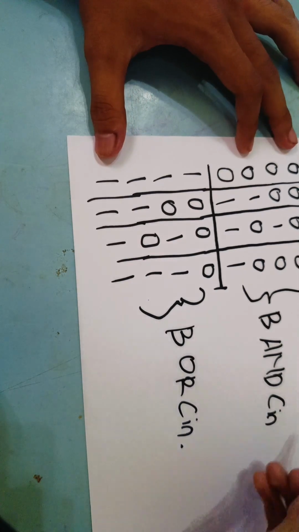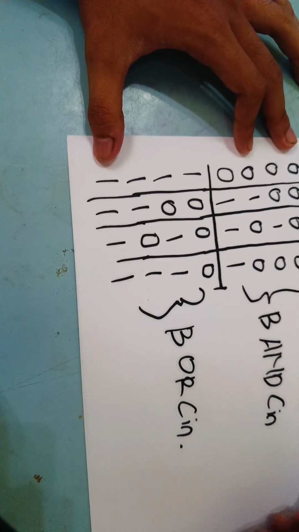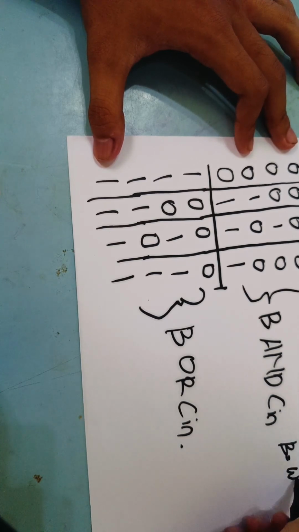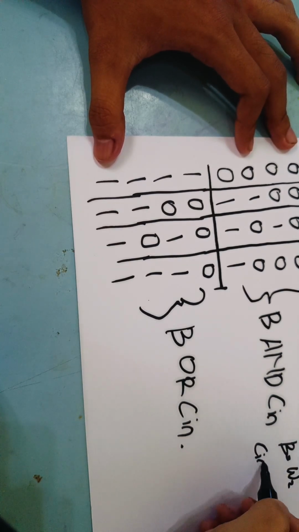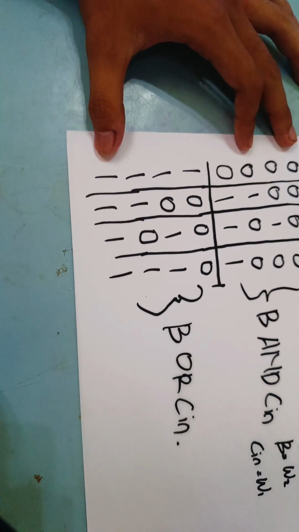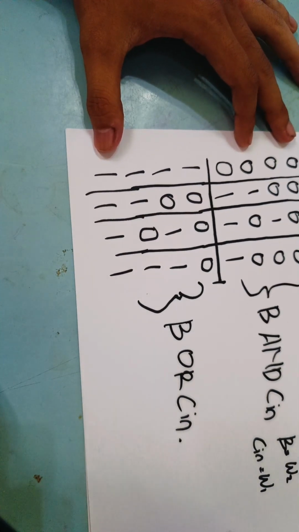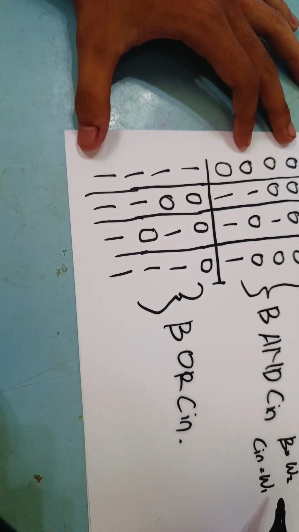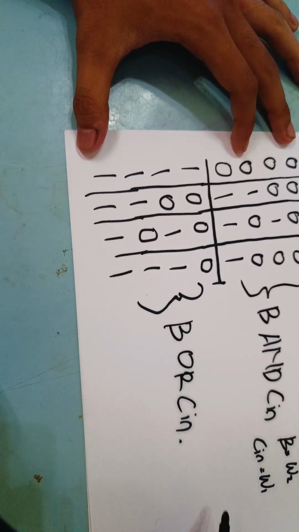Let's consider that A is W3, B is W2, and Cin is W1. And from this equation, let's put the W3 as the focus point.